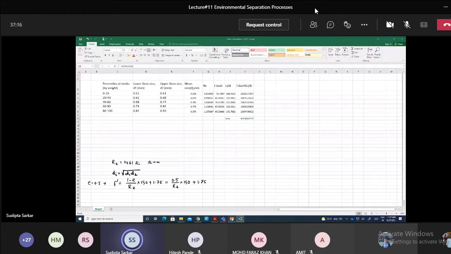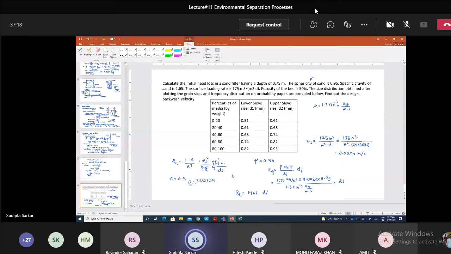So if I now want to do this, we want to find out the value of HL from the chart.